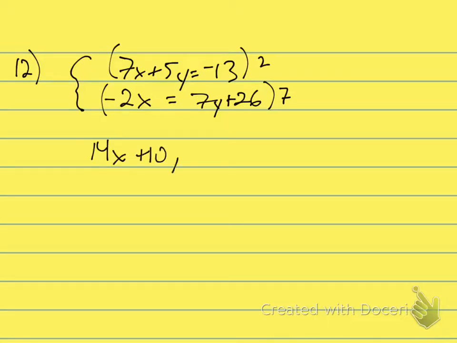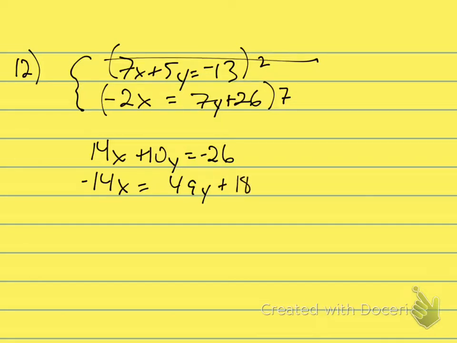14x plus 10y equals negative 26. That's my first one. My second one would be negative 14x equals 49y plus 140 plus 42, 182. Now, remember, I'm looking at left side and right side here. So on my left side, if I add everything up, I get 10y. The 14x's cancel.